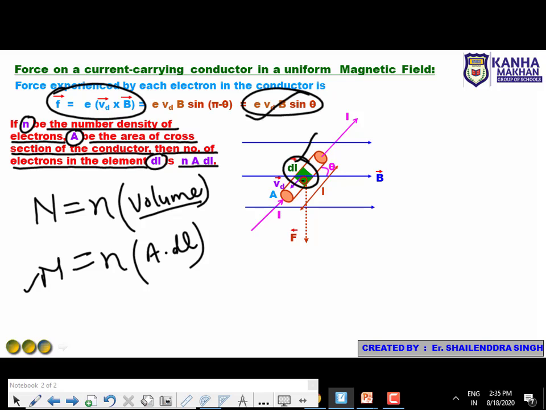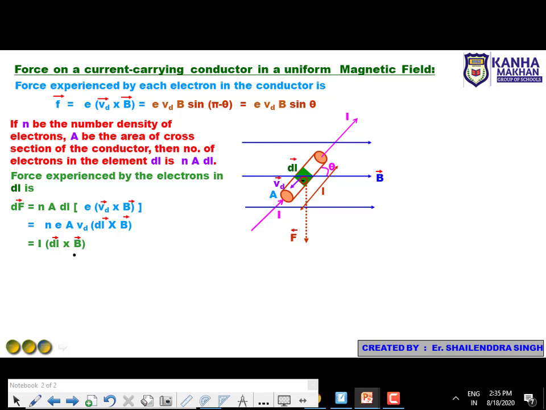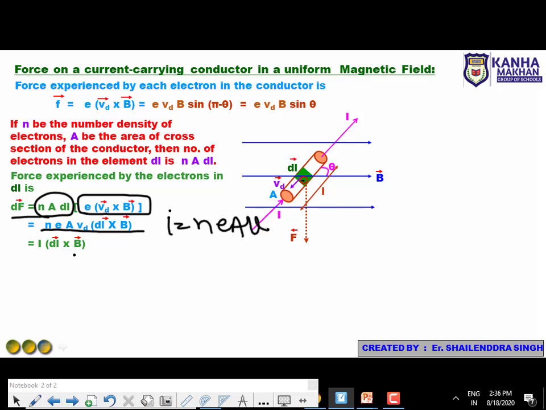Then what should be the net force? The force experienced by the electrons in the dl element is given as dF equals nAdl. You know very well what nAdl is: the total number of electrons, and one electron will experience such an amount of force. Therefore, it will be nAe Vd (dl cross B). You know very well that I equals nAe Vd, which was the formula.